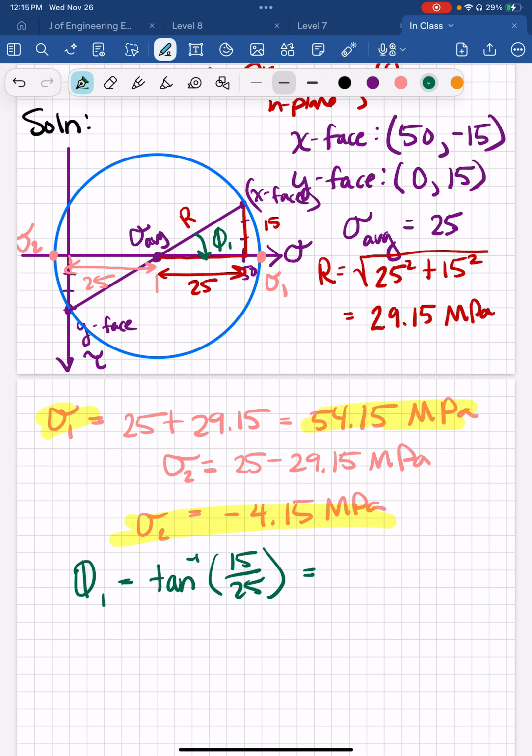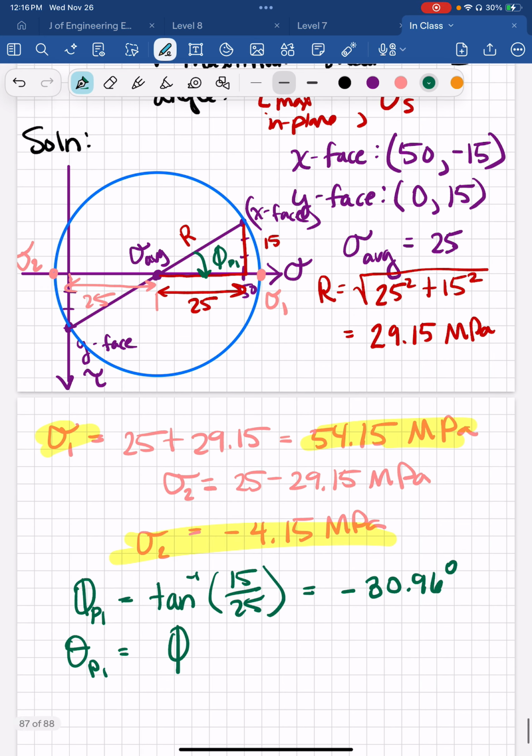I'm going to do that on my calculator. 30.96, and it's in the negative direction, right? So negative 30.96 degrees. That would actually be for P1. And then we want to translate that to theta, to the real world. Theta P1 is going to equal phi divided by 2.